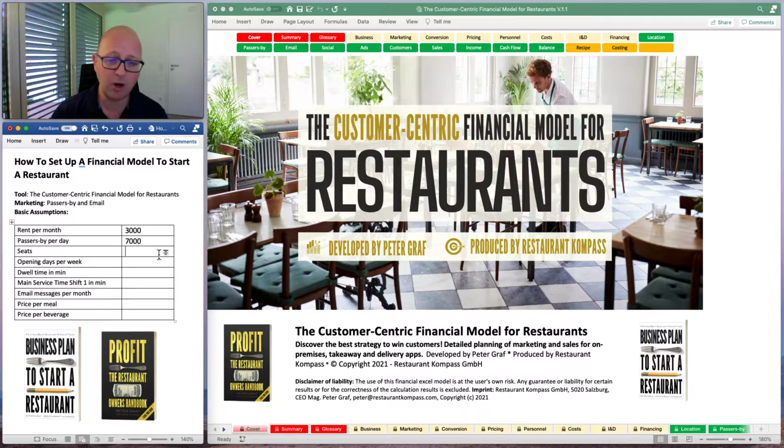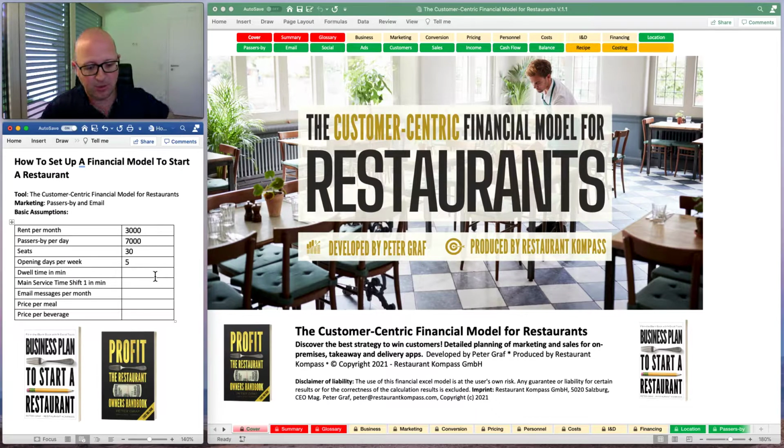The next question is, how many seats does the restaurant provide? Let's say we have 30 seats. Then about the opening days, how many days do you intend to keep your restaurant open? Let's say we start with 5 days per week. The next one is dwell time in minutes.